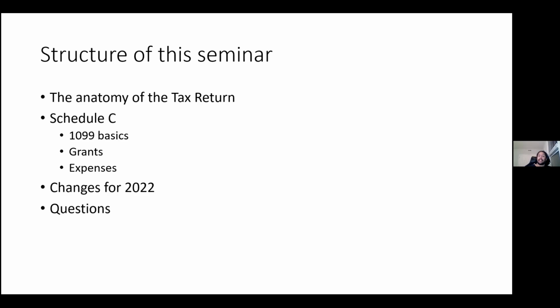There were a lot of changes last year due to COVID and other things happening in the world. So it's not as many, but the ones that we do have for 2022 this time are pretty big. So I definitely want to go over that, and then finally I'll take questions for your particular tax situation, if you have any questions about anything that I might not have gone over, or if you want to clarify something that I did go over.